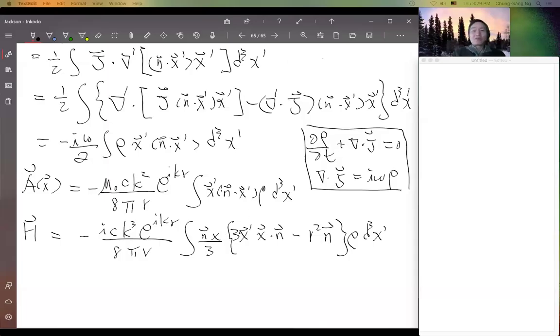Because we defined the electric quadrupole tensor when we calculated the electrostatic field also.